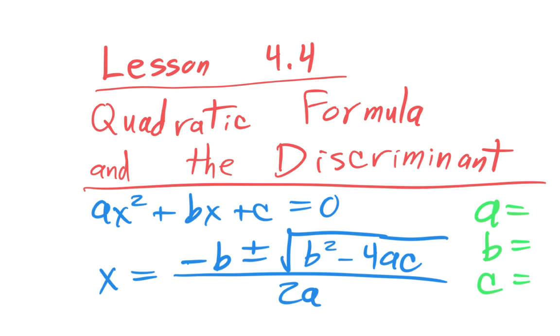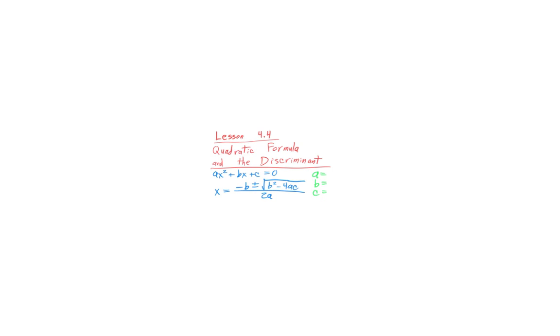Okay, let's move over to the worksheet. So in my equation, I had 3x squared plus 5x minus 2 equals 0.